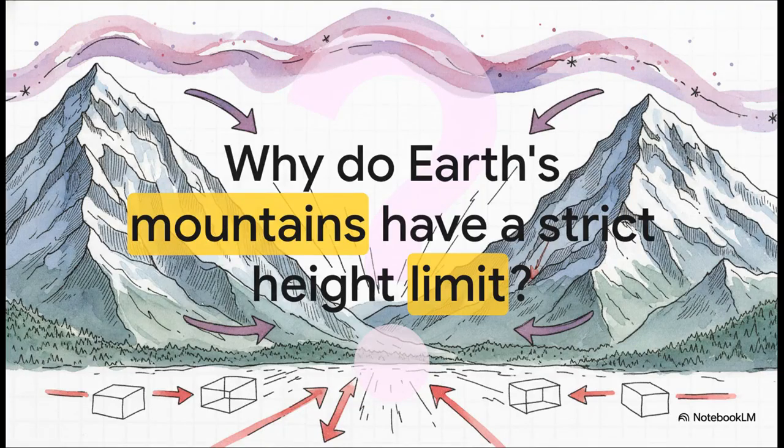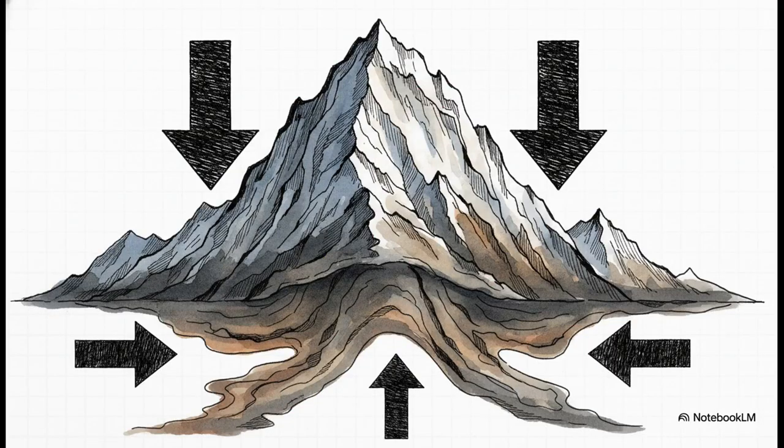Let's scale things way up to geophysics. Based on what we now know about stress and strain, why don't we have mountains on Earth that just infinitely pierce the atmosphere? Why do they always seem to cap out around the height of Mount Everest? This is literally a massive display of shear modulus on a planetary scale. A mountain isn't just pushing straight down. Its unimaginable weight creates this intense shearing stress at the base, where the sides are unconstrained.